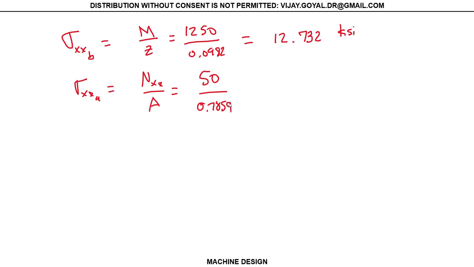And I get a value of 63.662 PSI. So to have everything in KSI, this is 0.0637 KSI. And again, compare these values, you can see how small the contribution is.